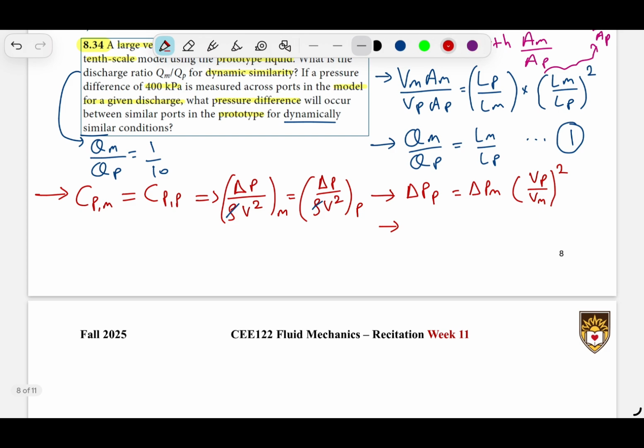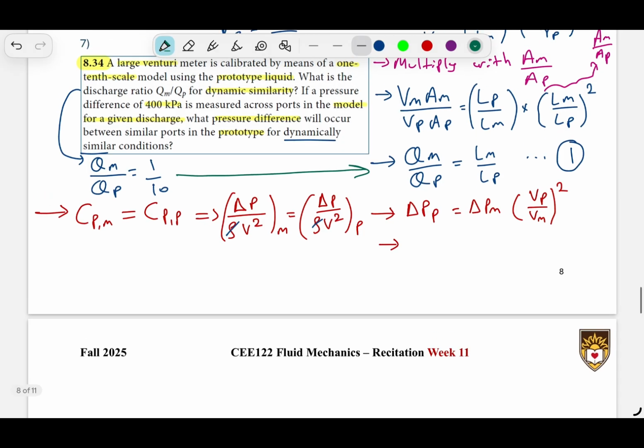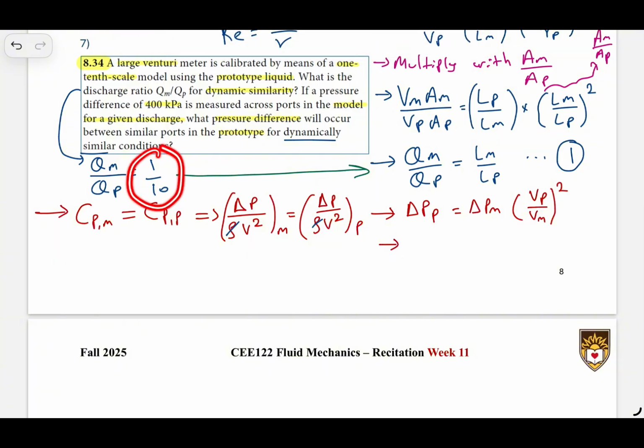And actually, I forgot to add, since we have this 1/10 scale in the model and prototype, Qm over Qp is equal to 1/10, and this is actually equal to Lm over Lp. So knowing that, we will continue the question.